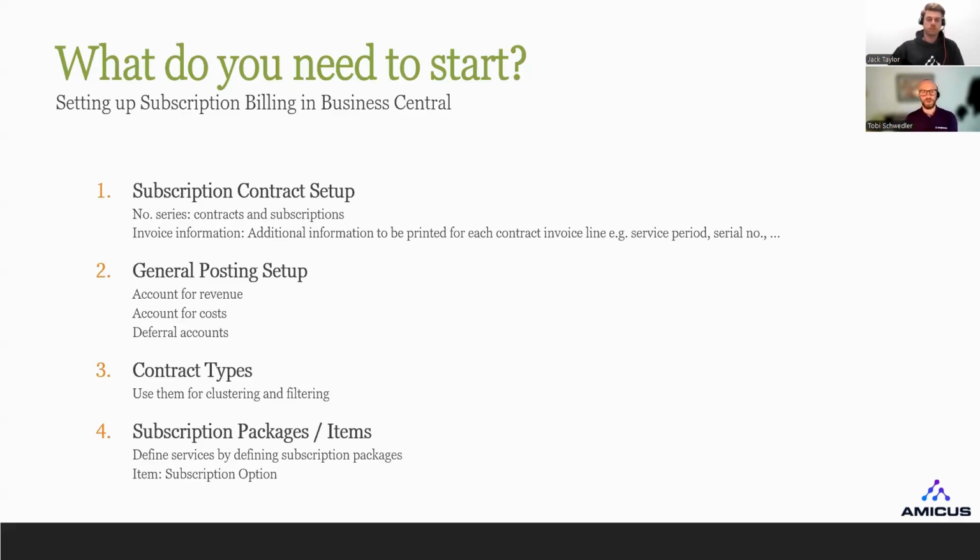So you can reuse one package for several subscription items and use them for creating the subscriptions itself and the invoicing afterwards. So you need to define the services, the details of the services, in these packages, and then on the item card there is this new field called subscription option that you can use for these purposes.